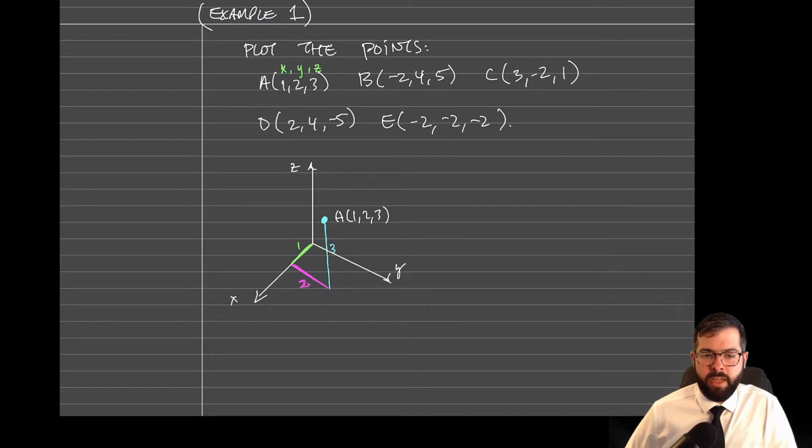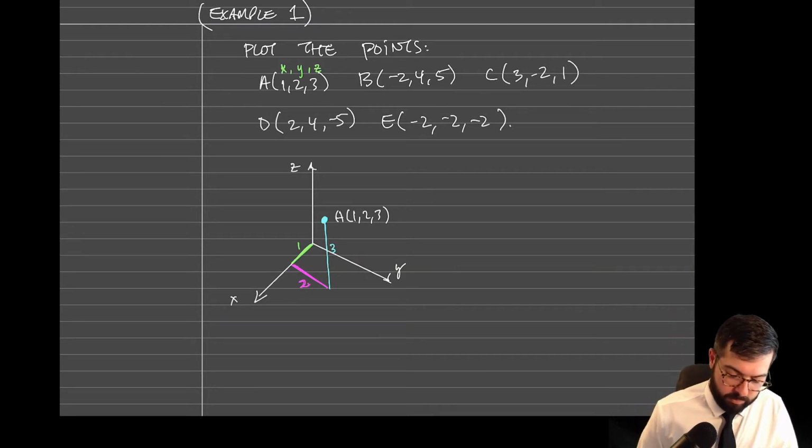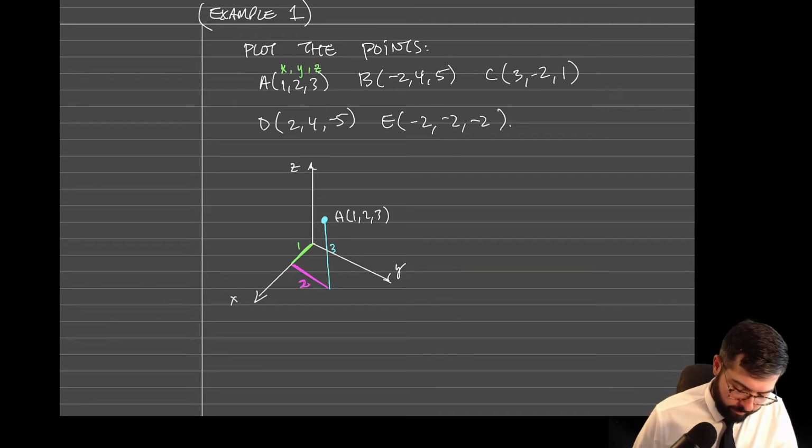So -2, 4, 5. Who can help me out with that one? You can just verbally describe what I should do. You should go backwards on the X. Yep, where we don't have it drawn.